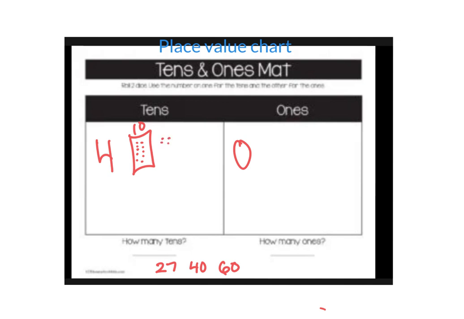So I'm going to draw those out for you. So now we can see that we have 1, 2, 3, 4 bundles of 10.